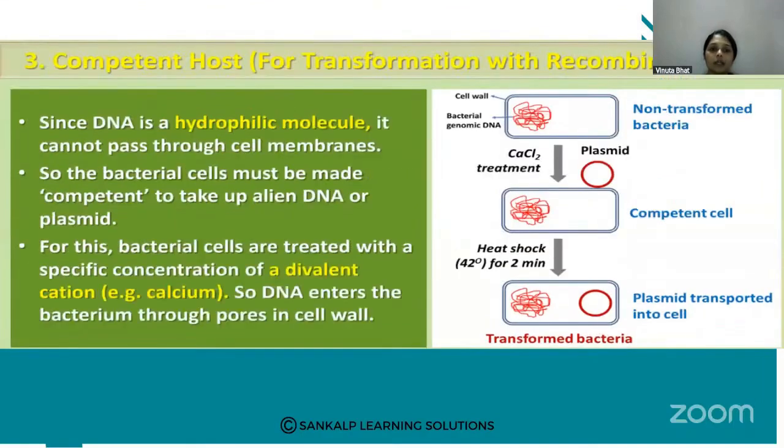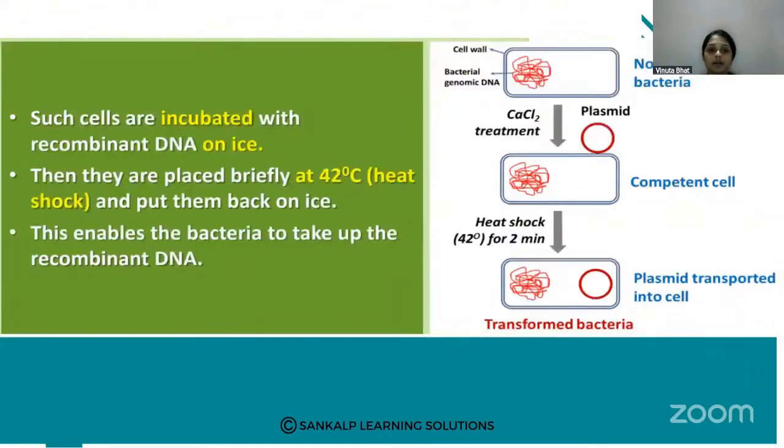Then, one more important one is, to introduce the plasmid with the recombinant gene into the host, the bacterial cell is treated with a divalent cation. Then it is treated with ice and again heat.